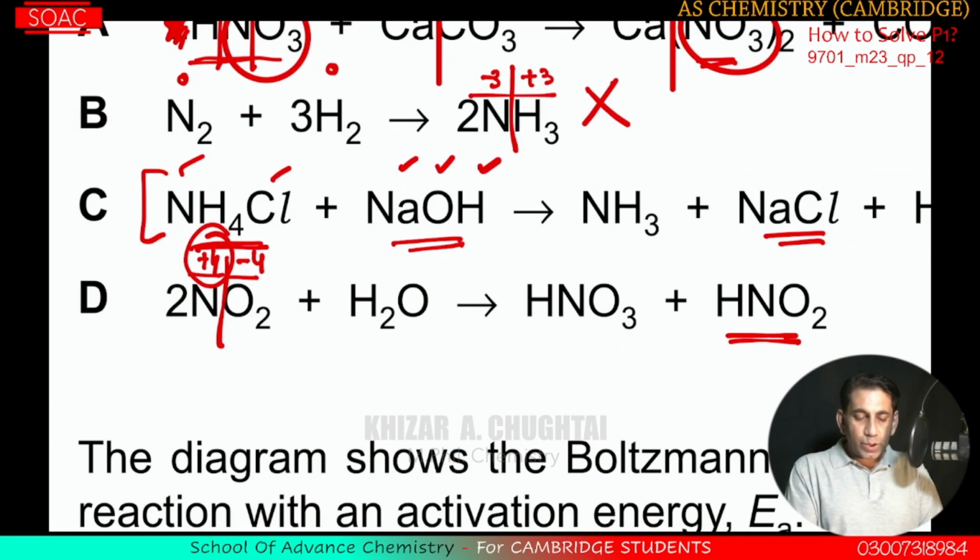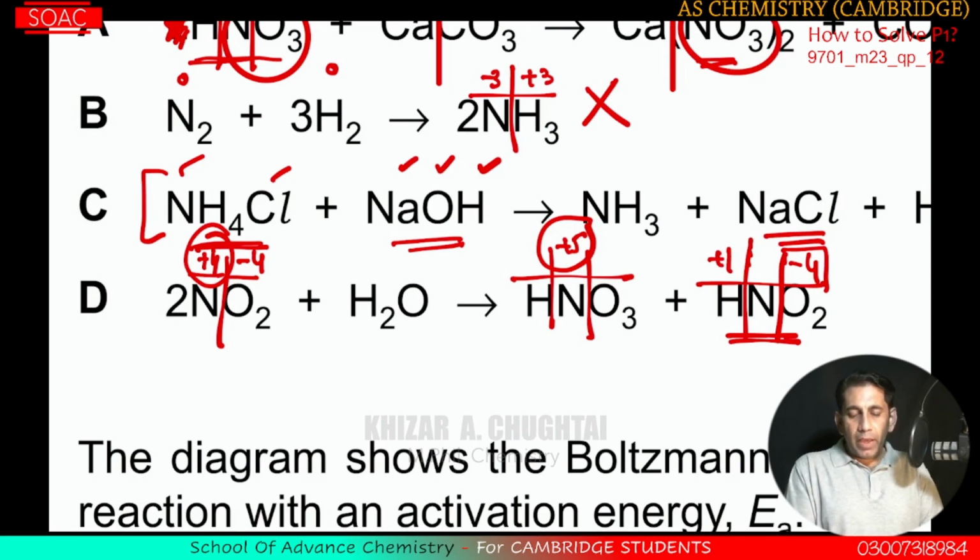As we have seen, nitrogen has a +5 oxidation state in HNO3; wherever there is NO3, the oxidation number is +5. In HNO2, we can find the oxidation state of nitrogen: -4, +1, and here it is +3 to make the sum equal to 0.